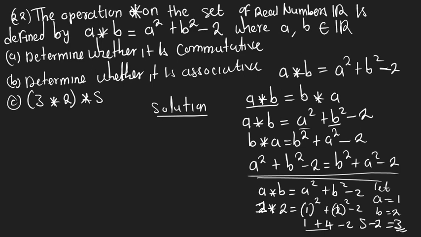Okay, let me focus on associative. For associative, look what is going to happen. I said A star B star C is the same as A star B star C, with the brackets grouped differently.